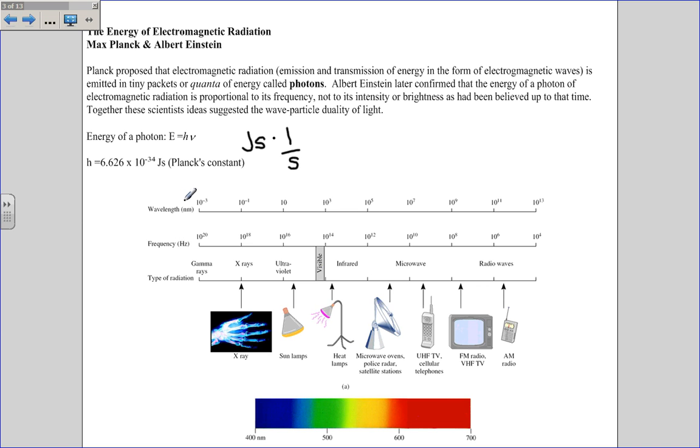And we can see the same thing here. Wavelength, as we go from left to right, is increasing as the frequency is decreasing. And in terms of the electromagnetic spectrum, the energy is decreasing as we go from left to right because of this existing relationship.